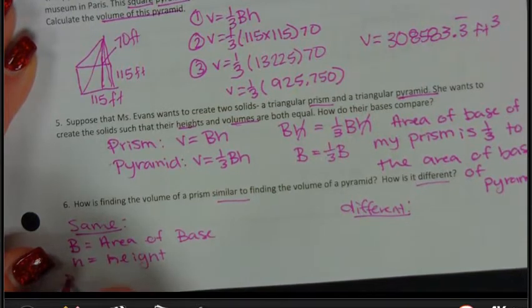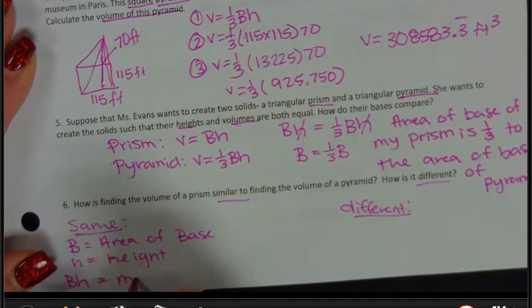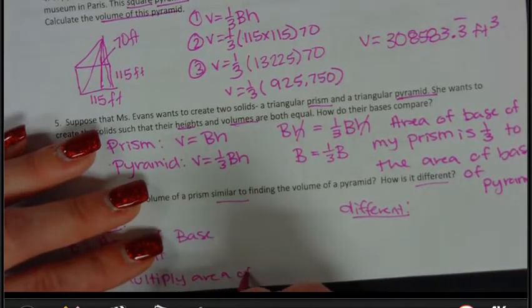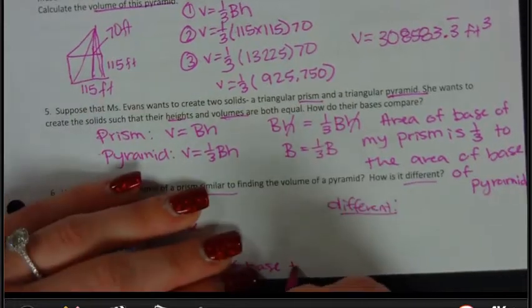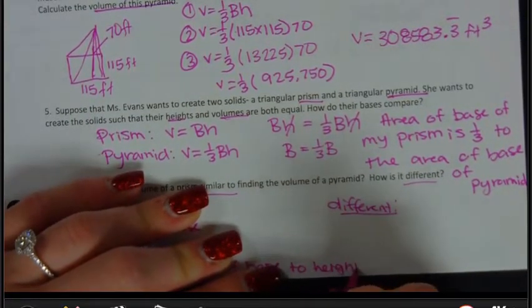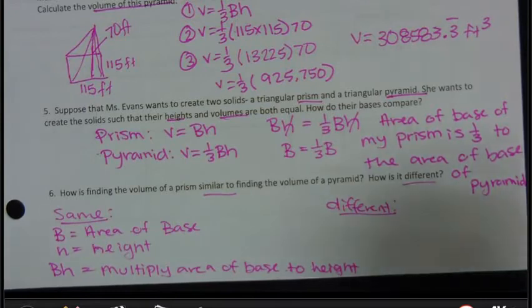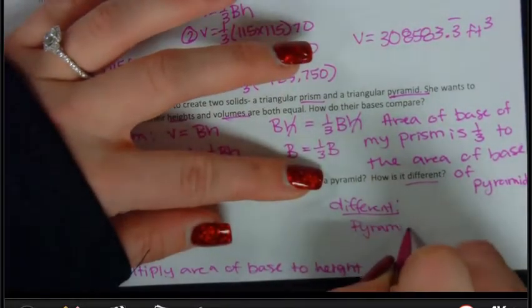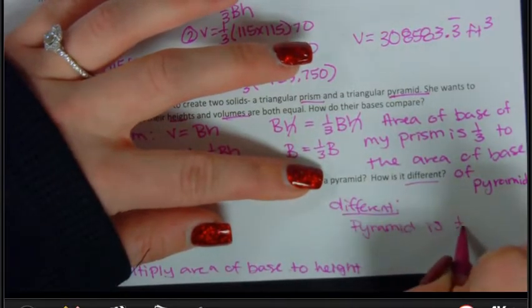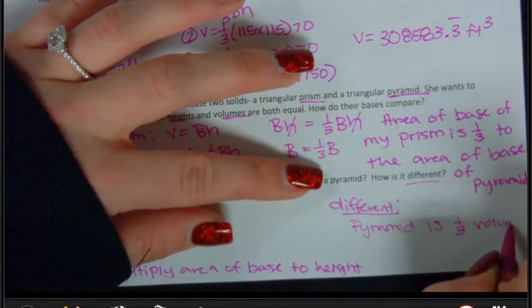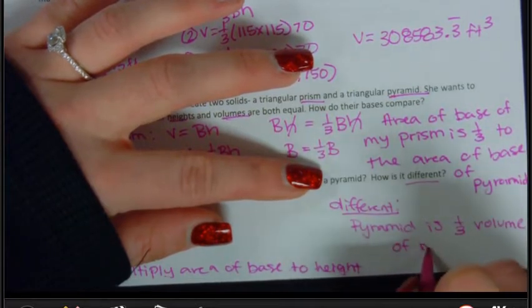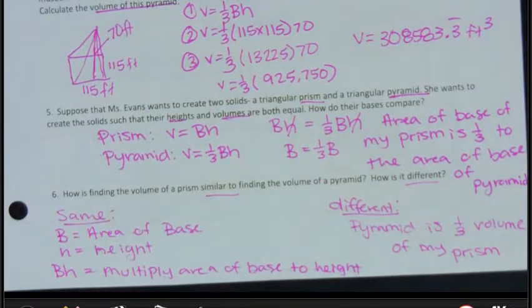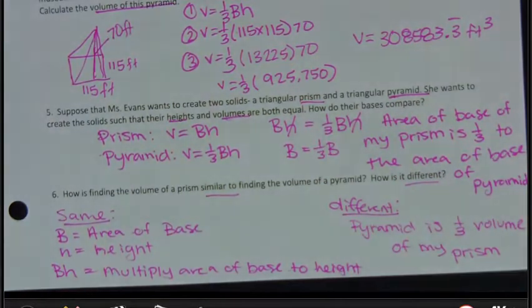And they both start off with you multiply the area of the base by the height. And one of the biggest differences that they have is that my pyramid is 1/3 the volume of my prism. Okay, the pyramid is 1/3 the volume of my prism.